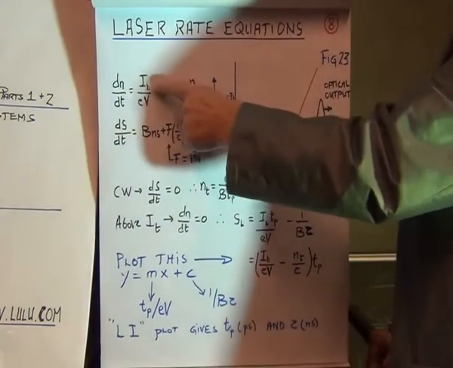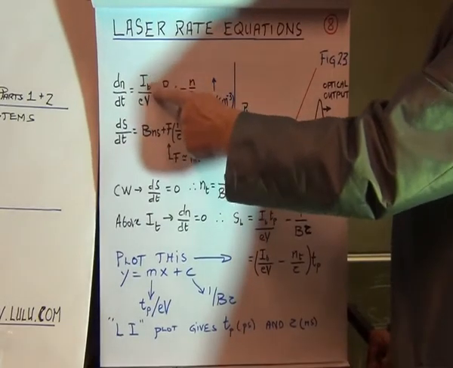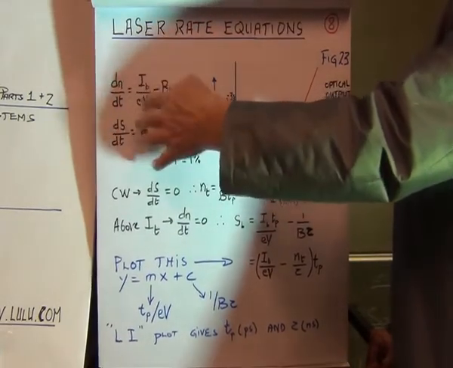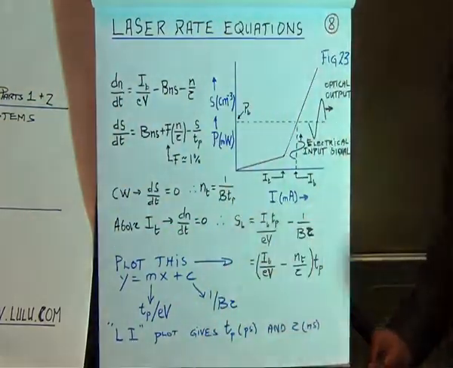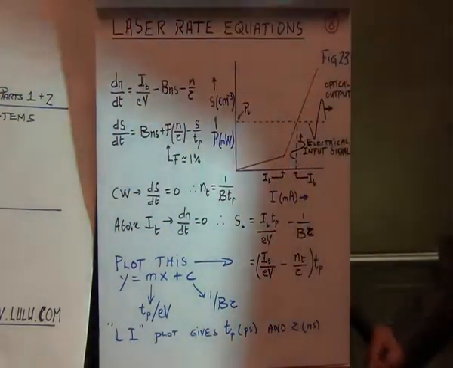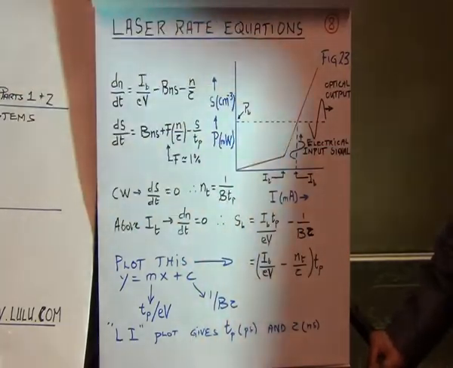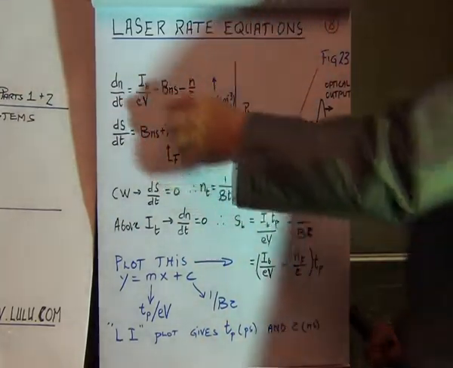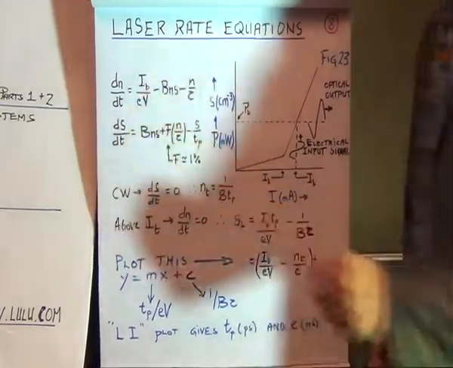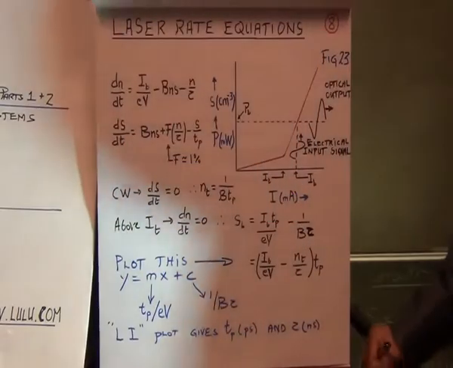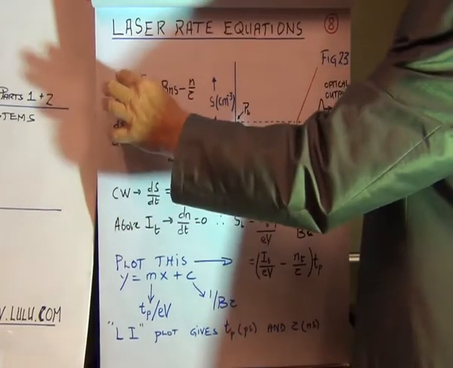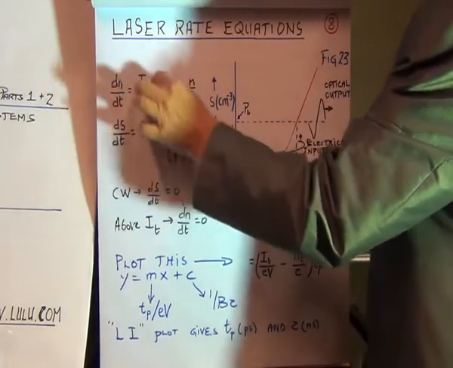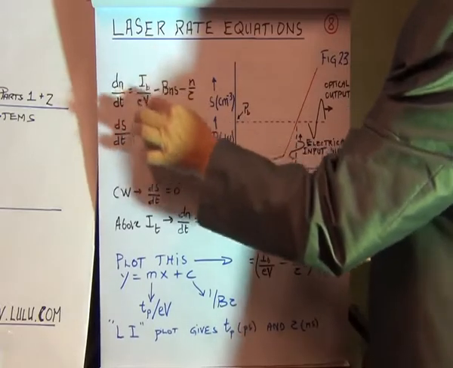Because you're pumping it with bias current IB. To turn current into electrons, you just divide by the electronic charge. Then you get electrons per second instead of amps. And if you divide it again by the volume of the active layer, you'll get the current density. So the current density is changing with time as you pump it with this current.